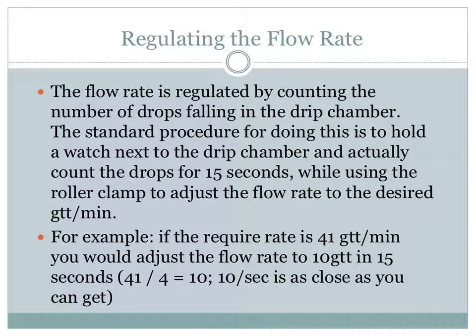For example, if the required rate is 41 drops per minute, you would adjust the flow rate to 10 drops in 15 seconds. 41 divided by 4, once you round it, is 10. So 10 drops in 15 seconds is as close as you can get.